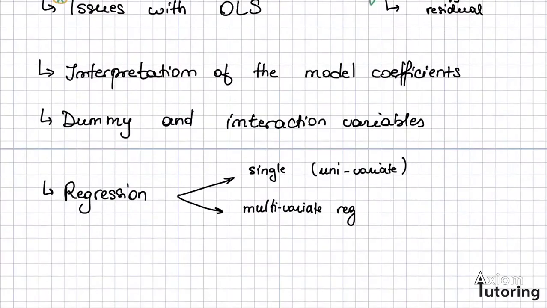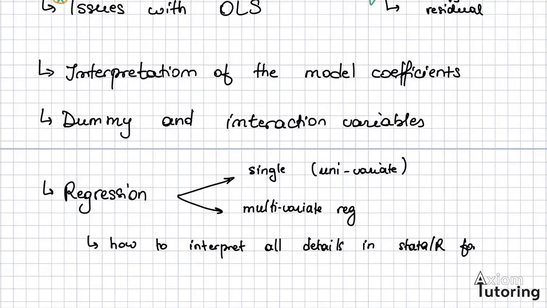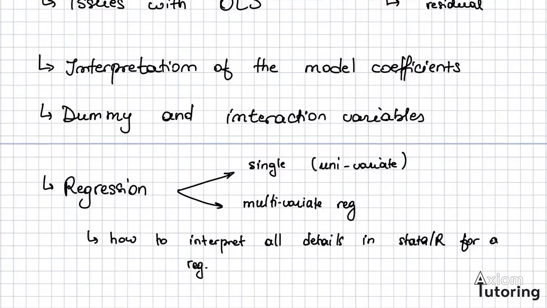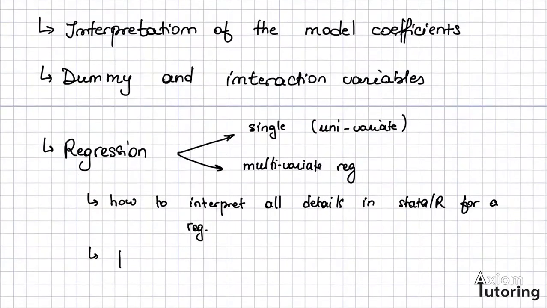Further things that we will need to know will be how to interpret all the details in either Stata or R for a regression. We're going to talk about this idea of partial effect or marginal effect.